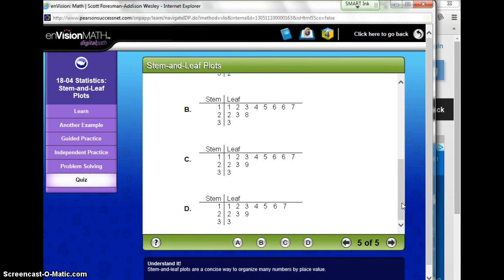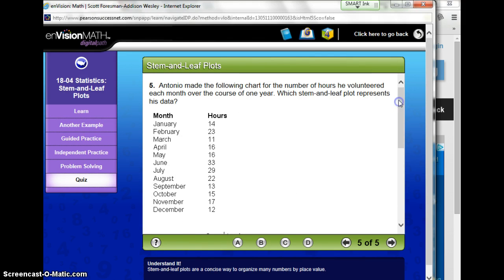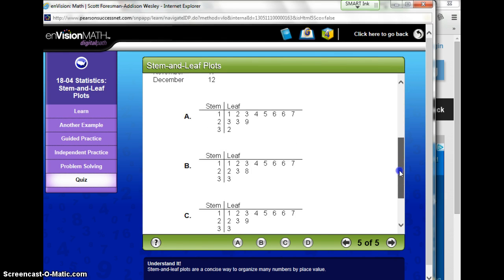We're done with A. Okay, now let's go to the 2 stem. We have a 2, a 3, and an 8, a 2, a 3, and a 9, and a 2, a 3, and a 9. Well, let's see. We would need 20, 28 and 29. There's no 28.